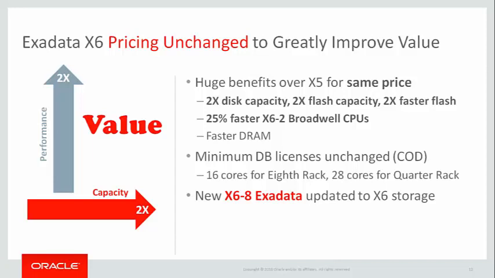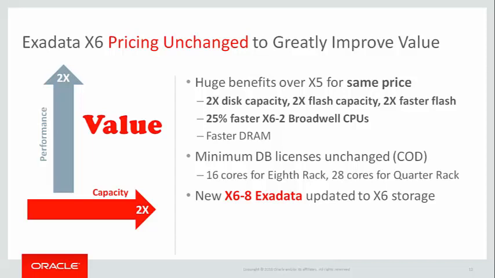All of this you get with no change in price. In fact, we haven't changed Exadata price since 2012. So we continue to add more and more features and better hardware into the system without increasing any price. Plus, minimum database licensing of Exadata remains unchanged.